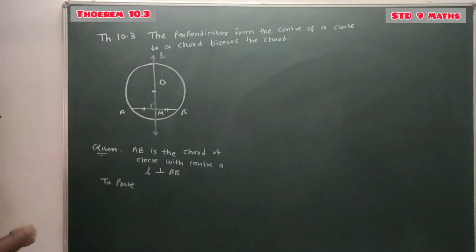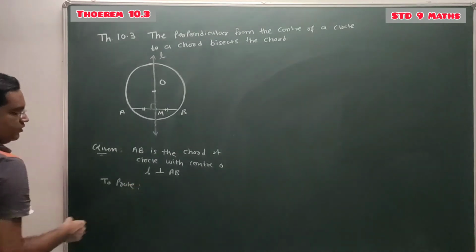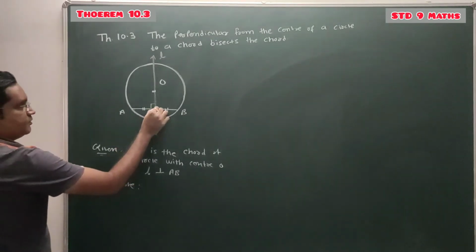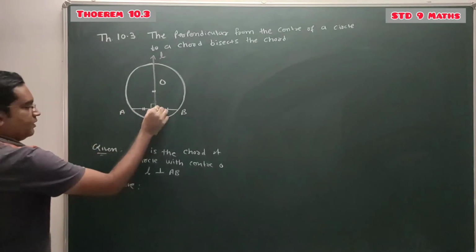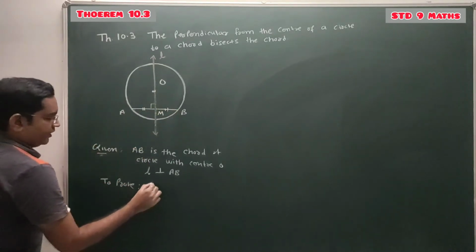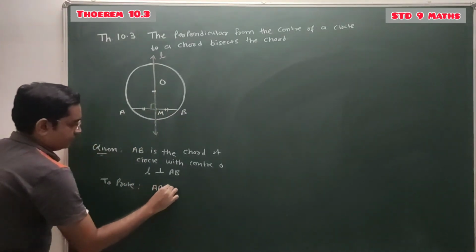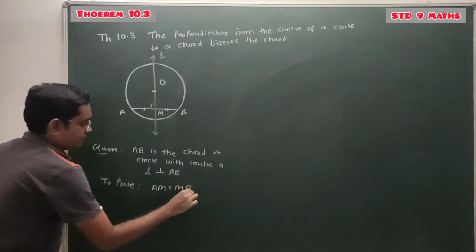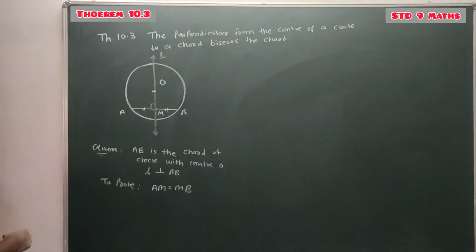This is given. And to prove: the intersection point of L with AB, that means M, is the midpoint of AB, or we can say AM equal to MB. That you have to prove.